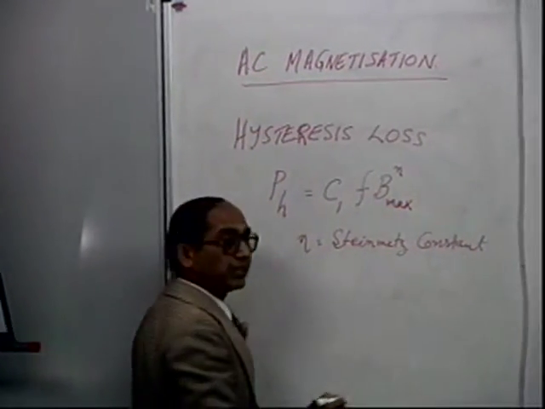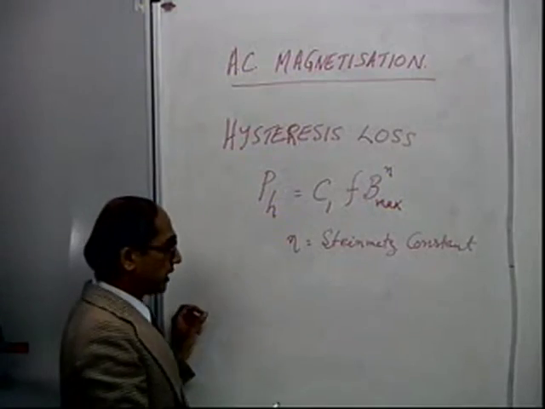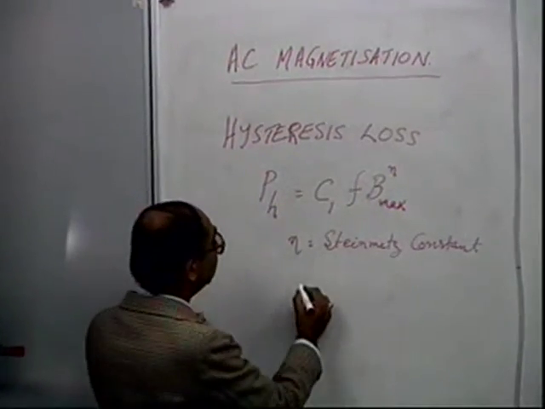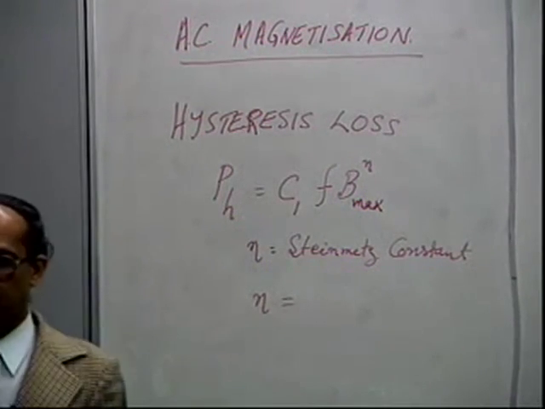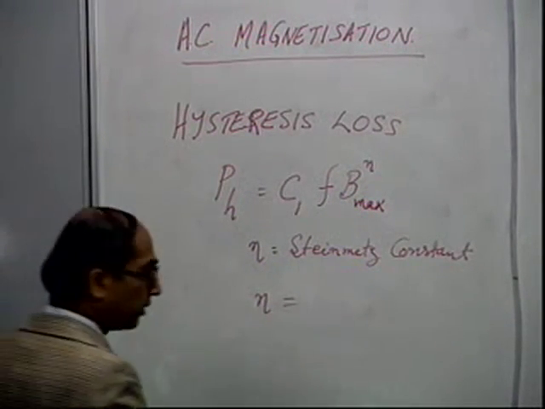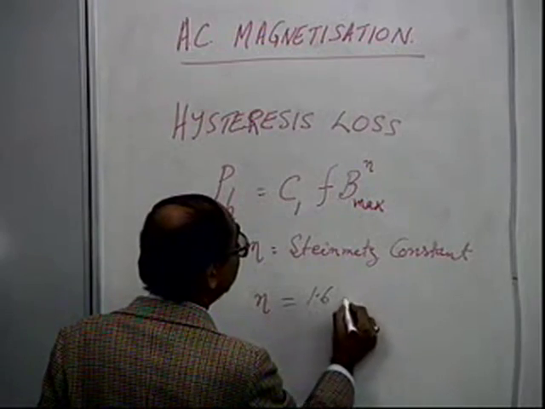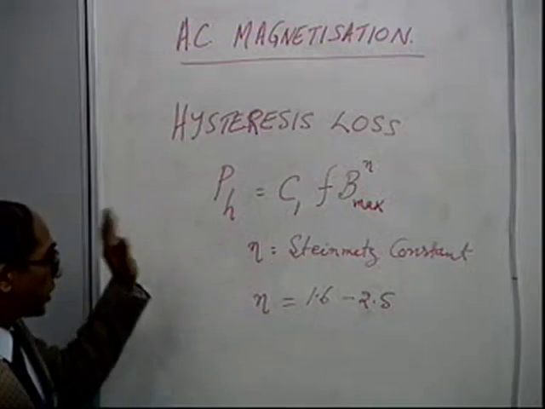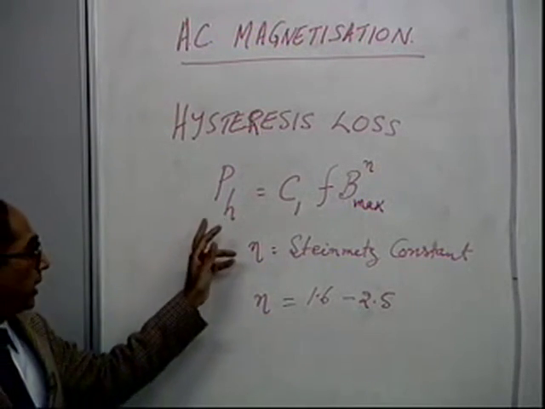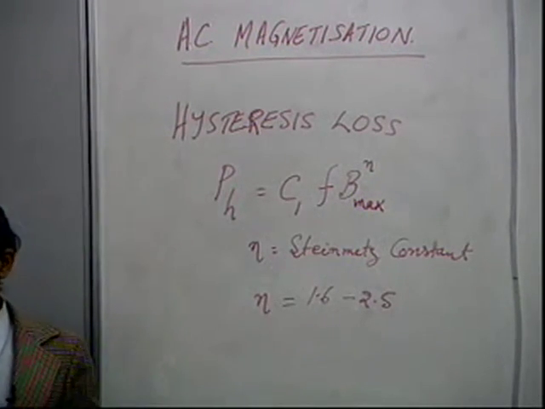So this was what we learned in the last class, and n is typically in the range 1.6 to 2.5.